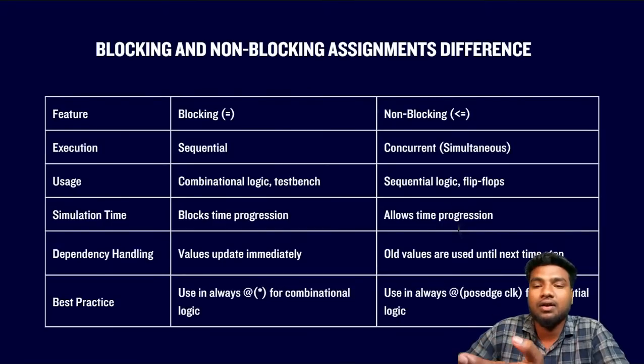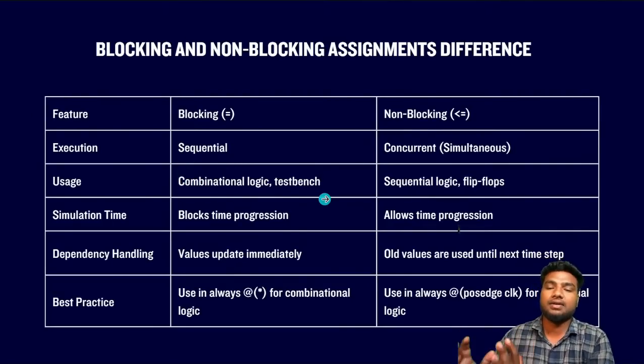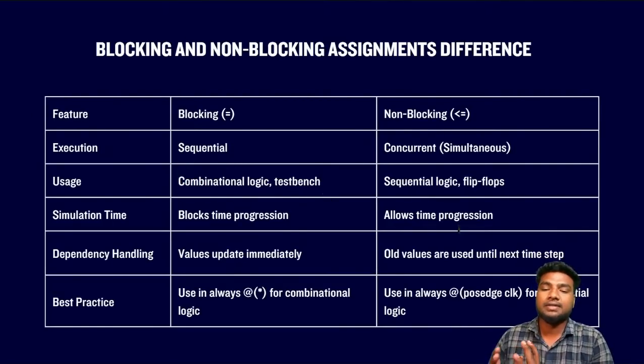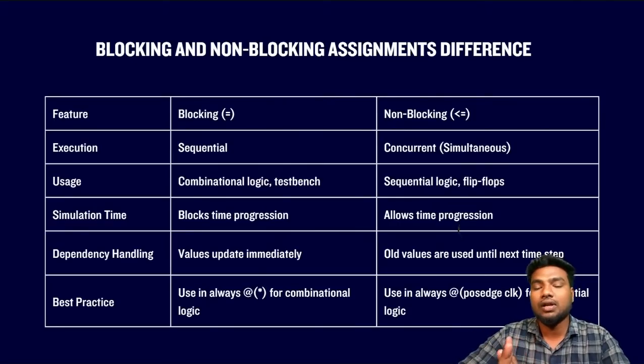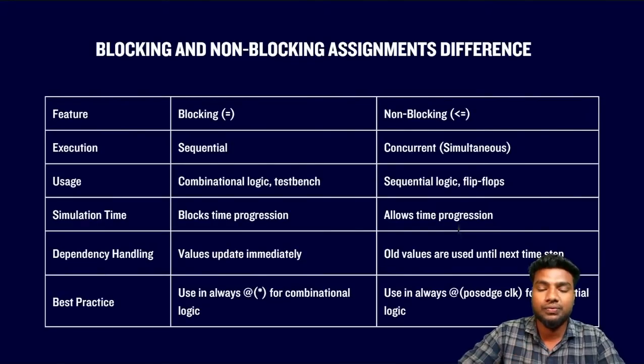But in combinational circuits we don't have any triggering elements. So we perform the RHS and then immediately assign it to the LHS. That's why blocking assignments are mostly used in combinational logic.